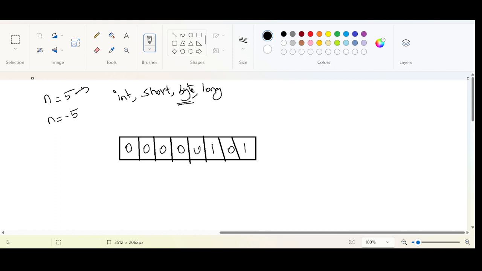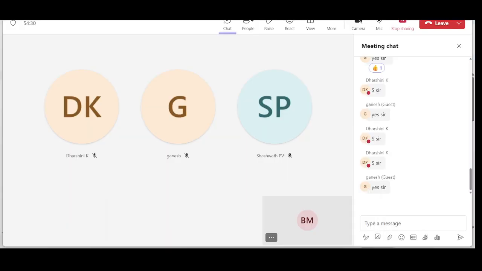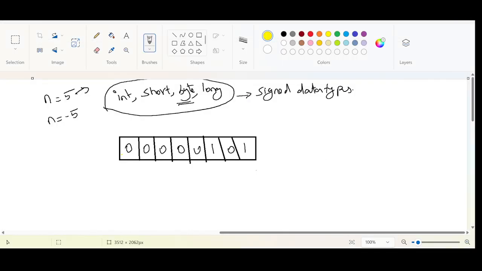But you must understand one thing. All these data types are signed data types. When I say signed data types, it means the leftmost bit, the extreme left bit, is going to talk about the signature.